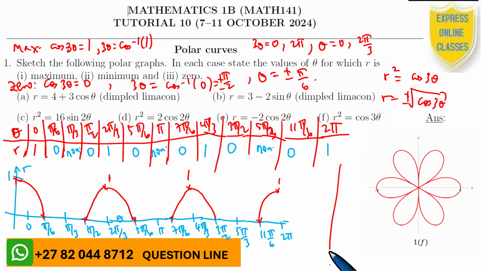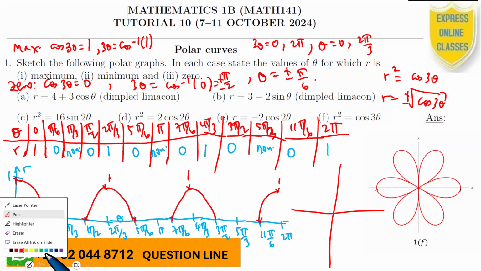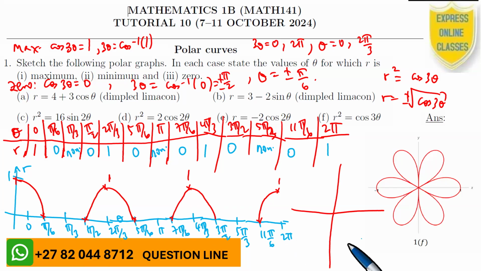So now let us sketch this one. So at 0, it is 1. R theta. And then this graph to pi over 6 is going to decrease.